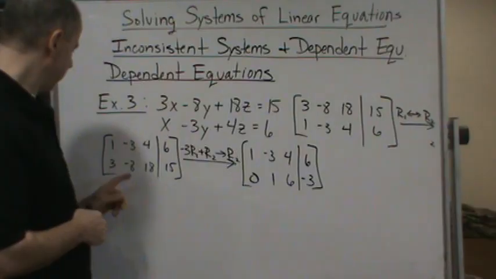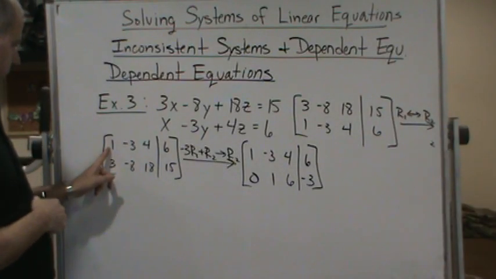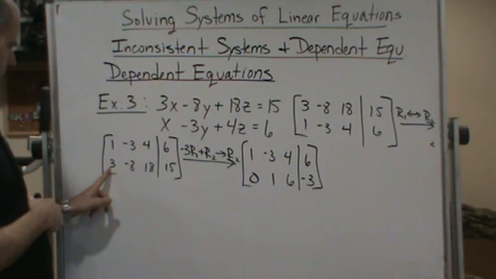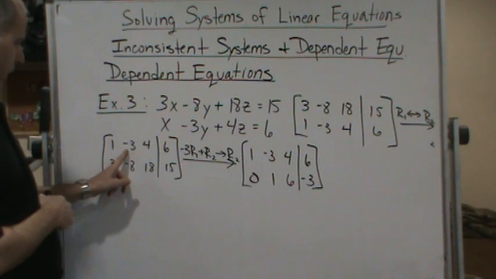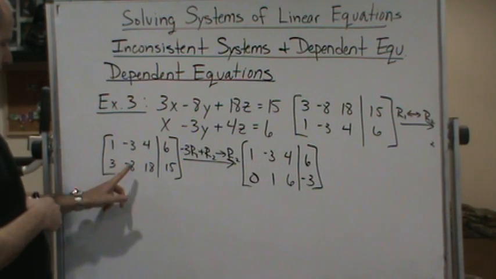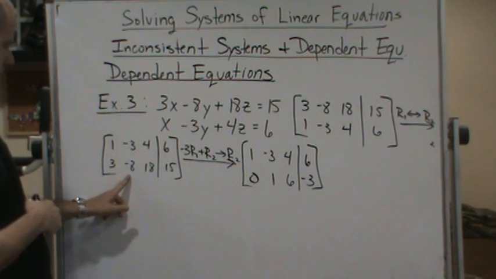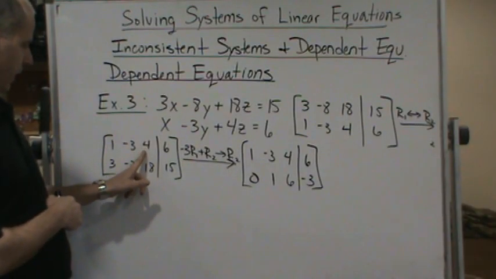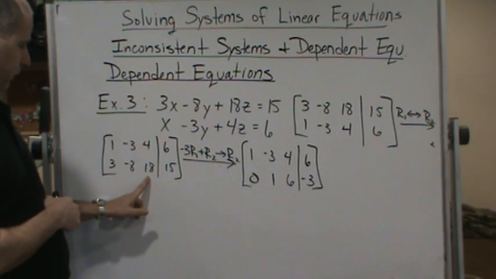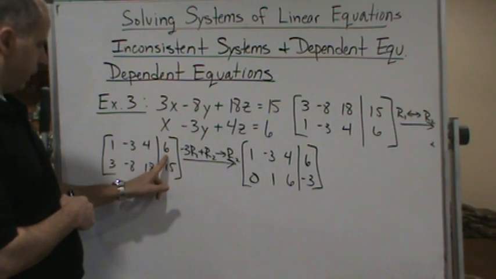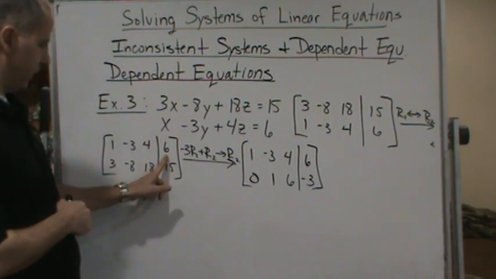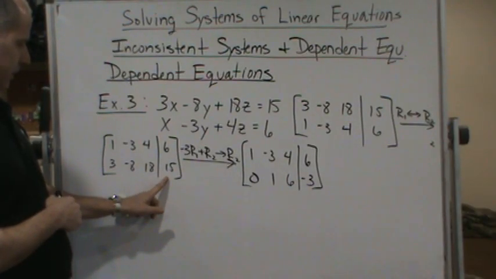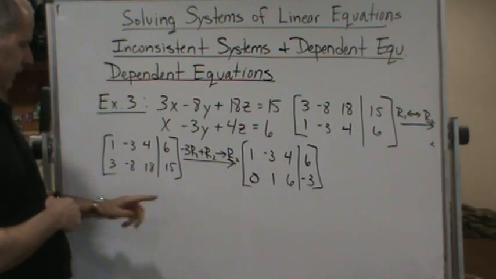So double check. So negative 3. So 1 times negative 3 is negative 3 plus 3 is 0. Negative 3 times negative 3 is 9 plus negative 8 is 1. Negative 3 times 4 is negative 12 plus 18 is 6. And then negative 3 times 6 is negative 18 plus 15 is negative 3.